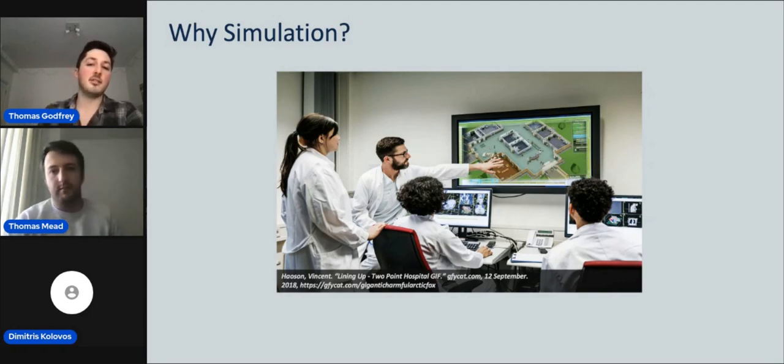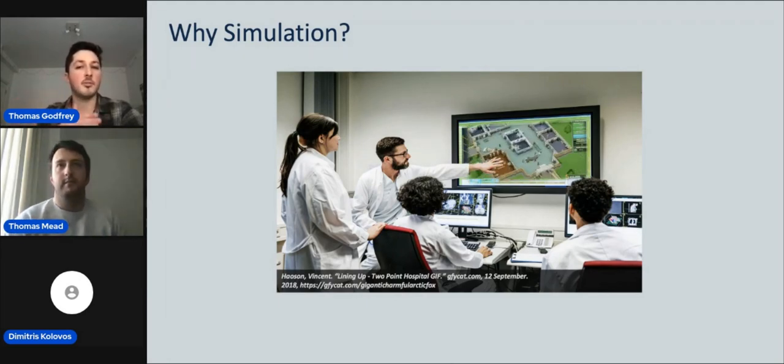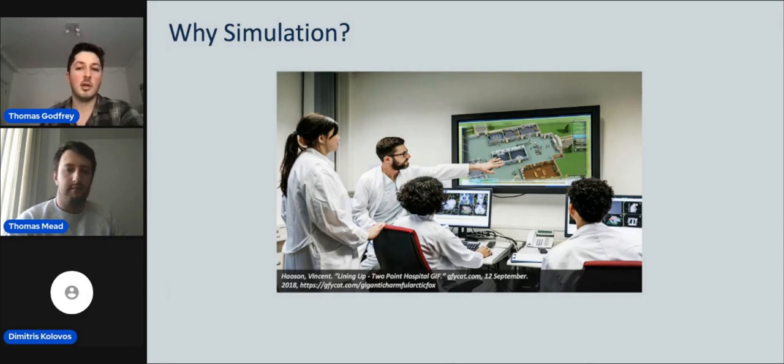So this could include things like testing new infection control measures, such as patient testing schemes, changes to patient care pathways and treatment plans, or things like actually rearranging the rooms in a hospital ward to try and reduce the risk of disease spread. Next slide, please.